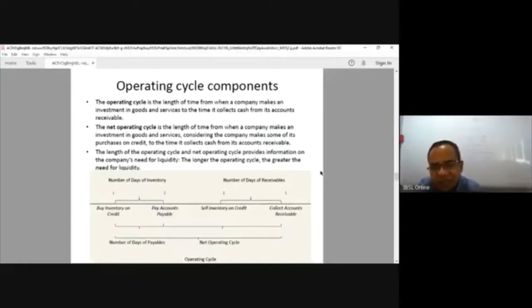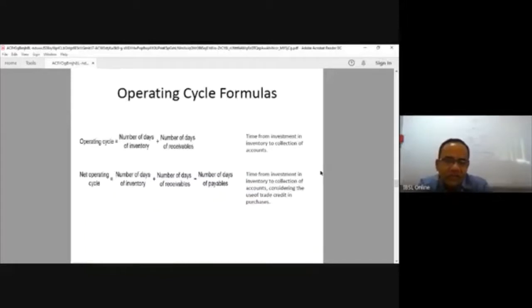This is receivable, right? Number of days of receivable. So that's the full cycle from the point the inventory came to the point the cash came to you. That's the cycle. So how do you calculate? The normal operating cycle is the number of days you hold inventory and the number of days of receivables you give to the customer.